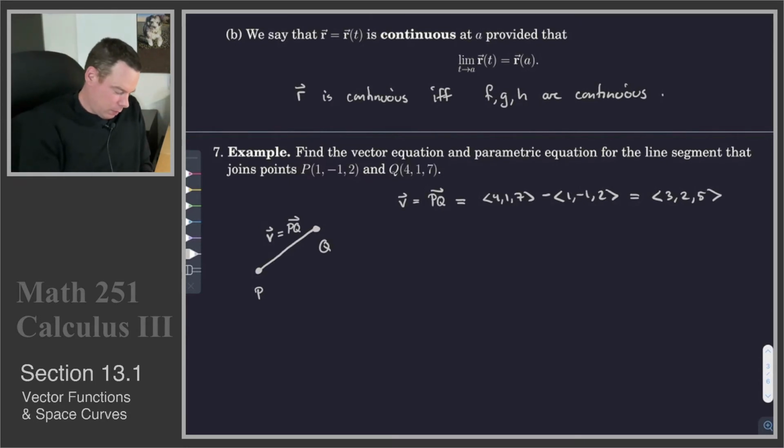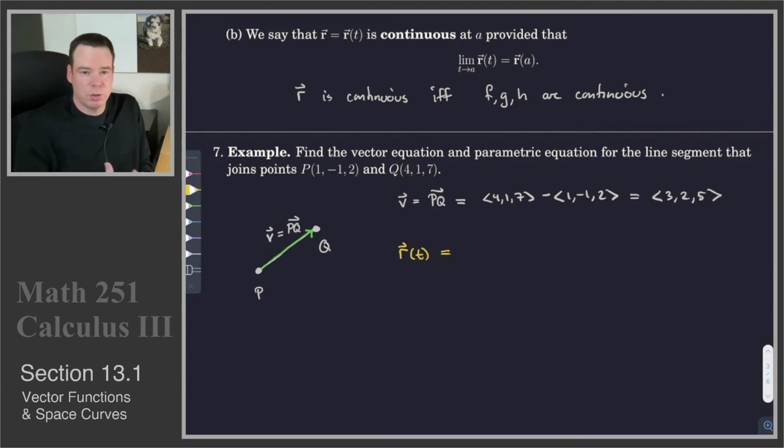Now that gives us our vector. I'll write that in here as a vector from P to Q. We're interested in describing all points starting at P and ending at Q. How do we do that? Well, this is given by the vector equation where we construct that line.